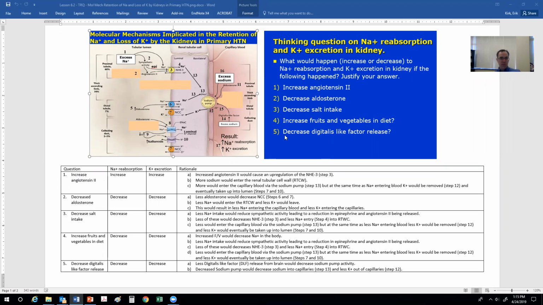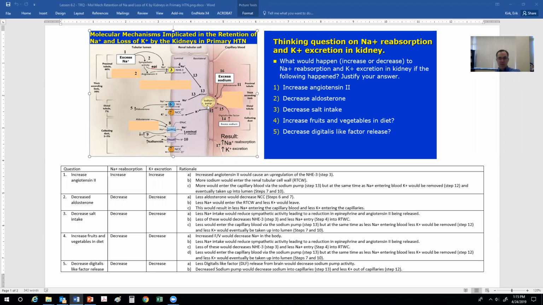So the first is, what happens when you have an increase in angiotensin II? Well, if you have an increase in angiotensin II, that's going to upregulate the sodium hydrogen exchanger 3, step number 3 here. More sodium would then enter the renal tubular cell, and therefore more would be available to be taken up via the sodium pump.